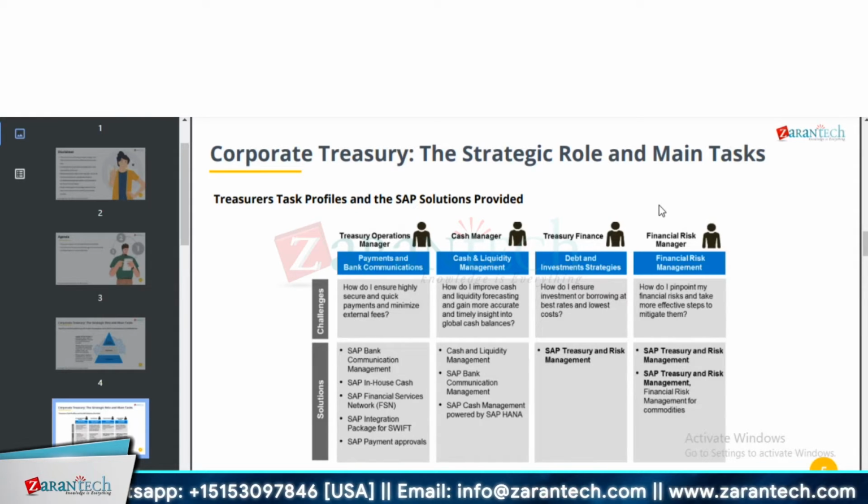So the treasury operations manager, cash manager, and treasury finance manager are different user authorizations and user roles that we provide to different persons in an organization. The treasury operations manager would cover anything related to sending and receiving payments, in-house cash, financial services, integration with the bank, and payment approvals and batching.